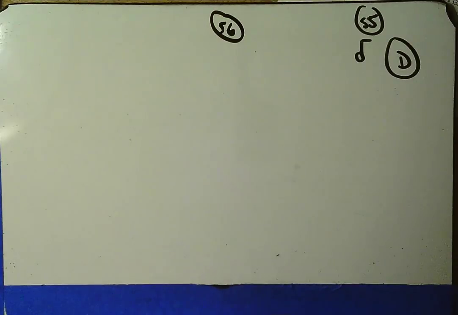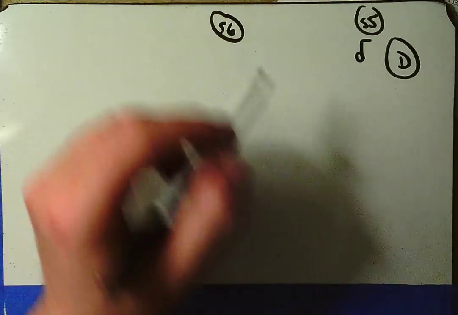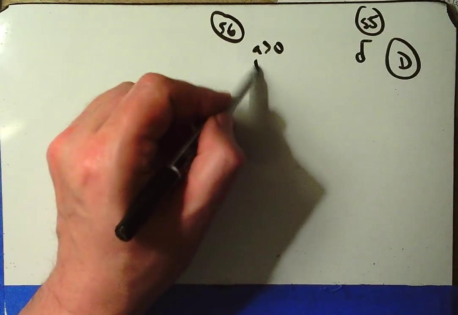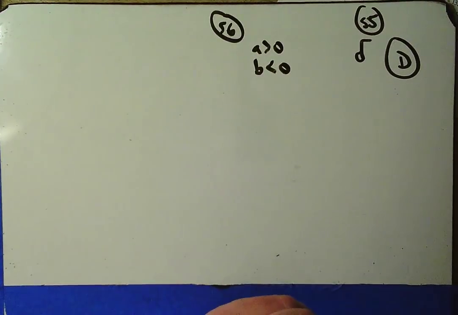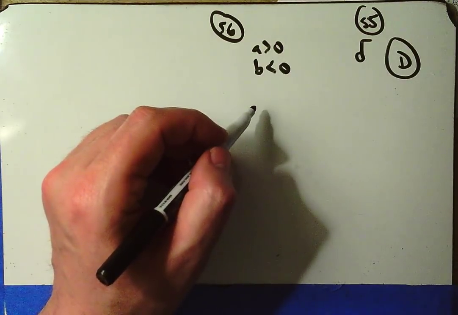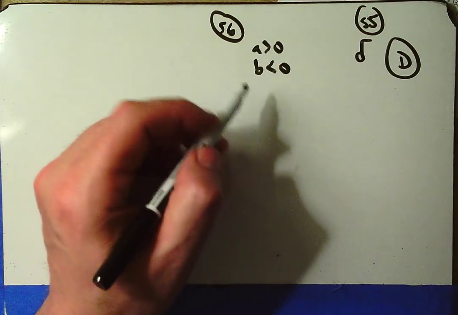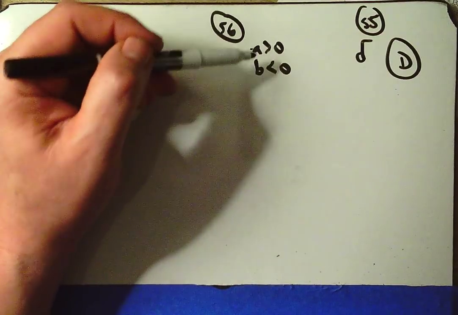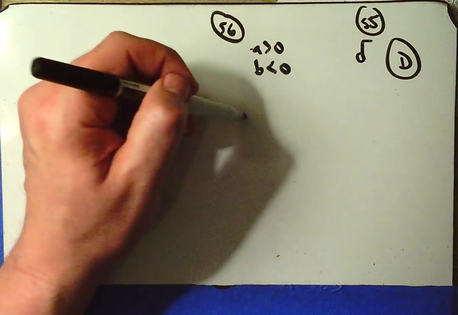56 says for all integer values a and b such that a is greater than 0 and b is less than 0, which of the following must also be an integer? Well, when I look at this one, I see 3 raised to all these wacky powers. And a is a positive number, b is a negative number.